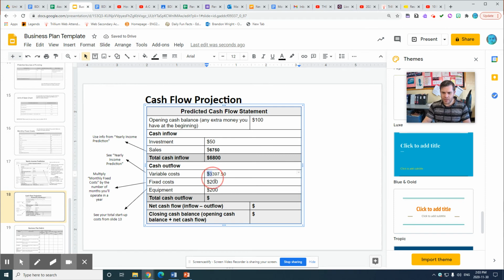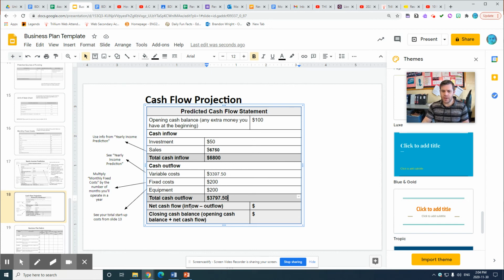So I'm going to add these three numbers together to find out my total cash outflow. 3397.50 plus 400 is 3797.50. Now to find out my net cash flow, that's how much money I have either coming in or going out. Remember, I want money coming in to be greater.